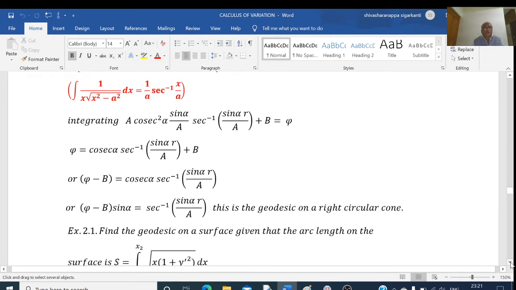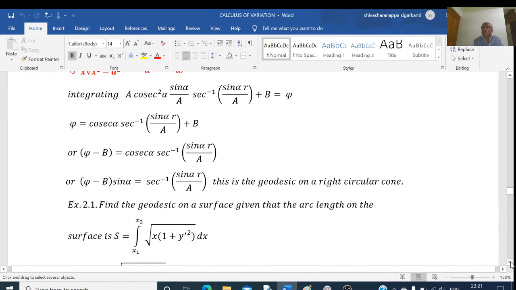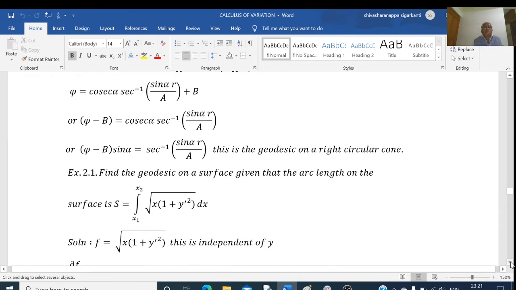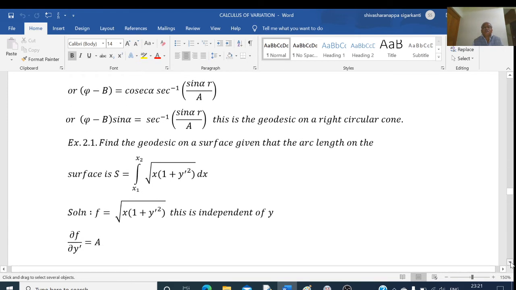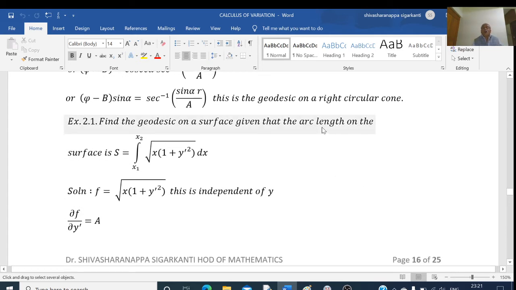An example: find the geodesic on a surface given that the arc length on the surface is s equal to integral from x1 to x2 of root of x into 1 plus y dash square dx. Directly it is given, so s is equal to the integration.